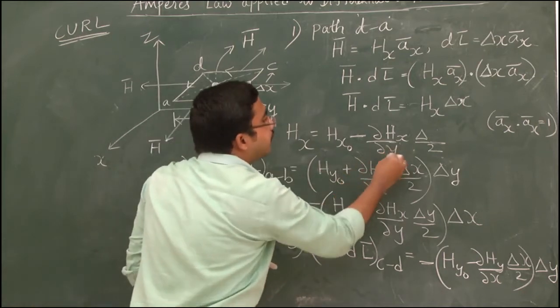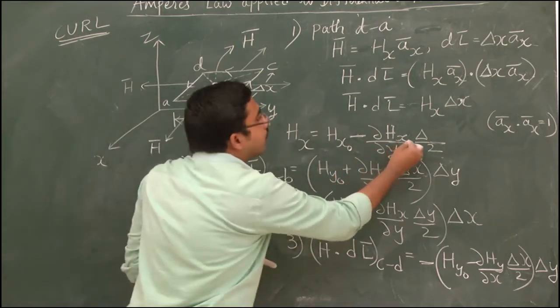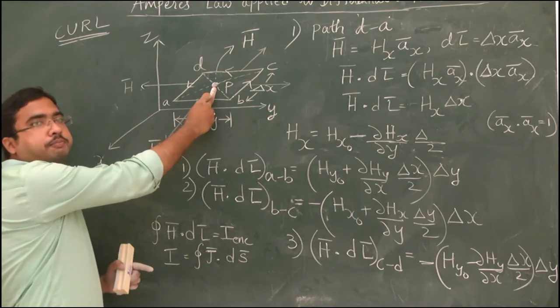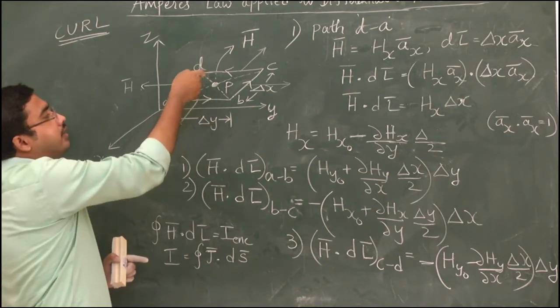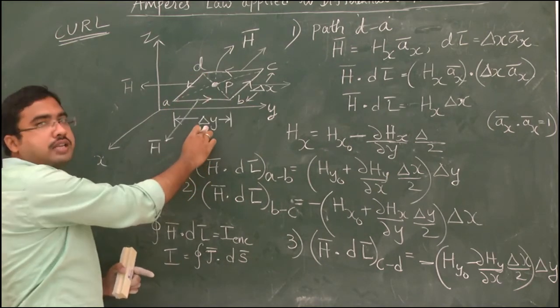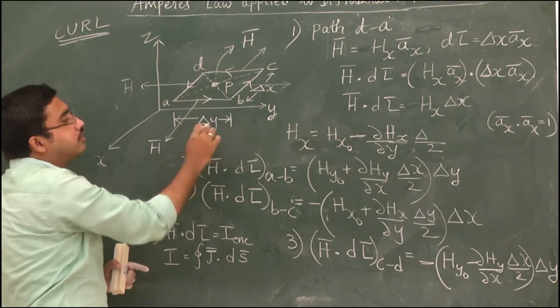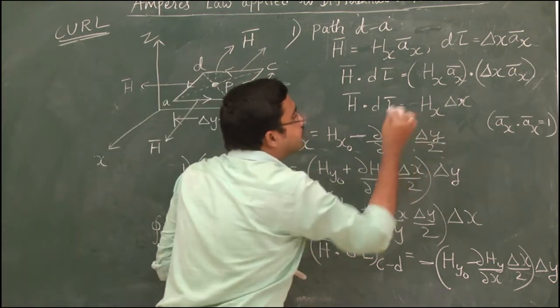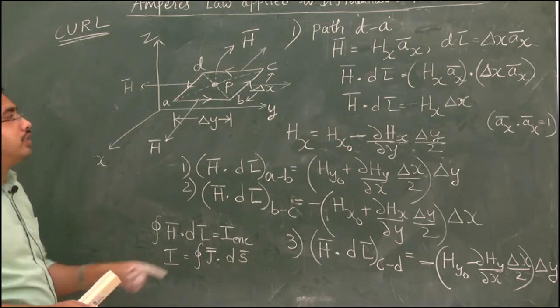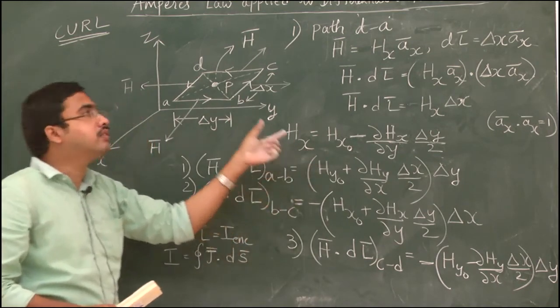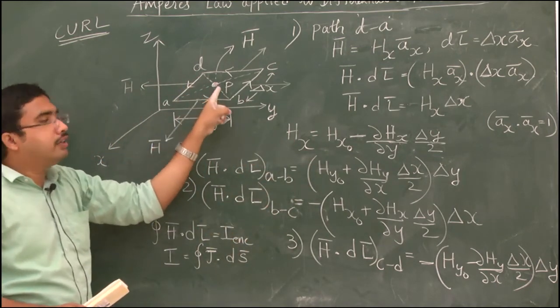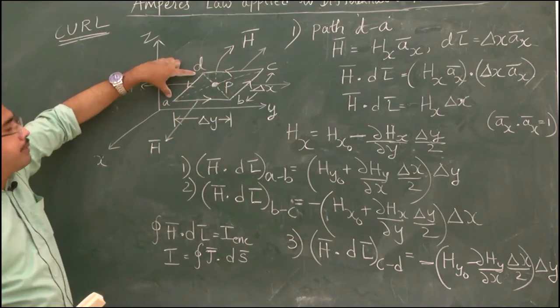Minus dou hx by dou y into what is the distance of this point P from this side DA? This complete length is delta y, so half of this is delta y by 2. This is the expression for hx, that means magnetic field intensity at point P due to this Amperian path DA.